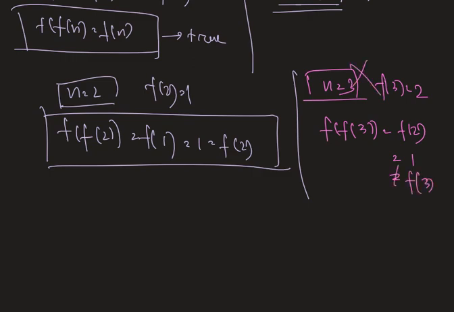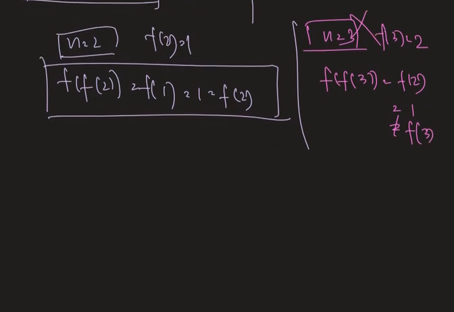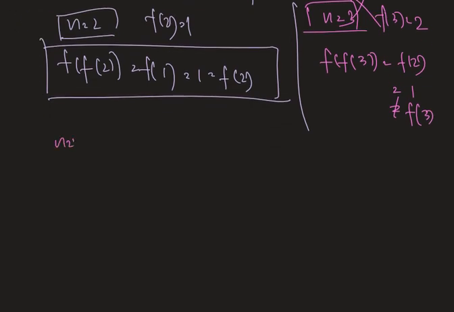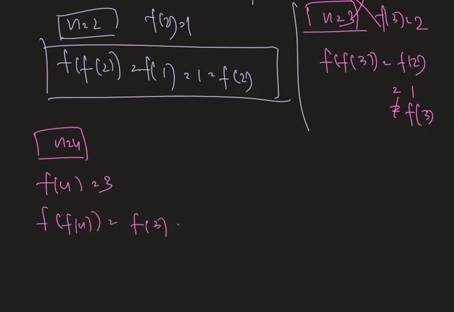Therefore n = 3 is not a case. Now let's check for n = 4. We have that f(4) = 3, therefore f(f(4)) = f(3), and the value of f(3) is 2, which is also not equal to f(4), therefore n = 4 is also not a case.